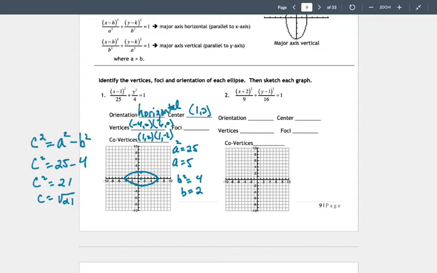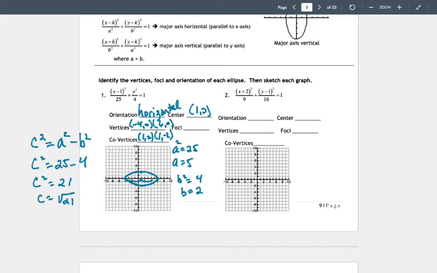All right, now the focus, we have 2 of them, so they're foci. They're within the ellipse, and they're going to be c units away from the center. So you're going to add c units this way and c units this way to get the foci.